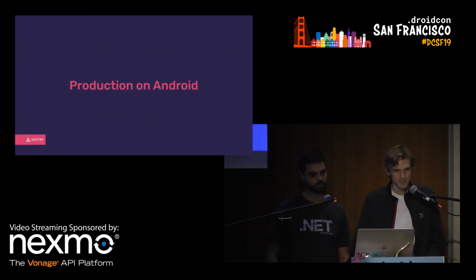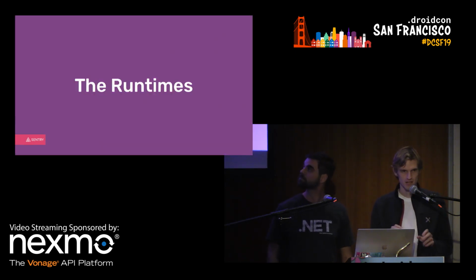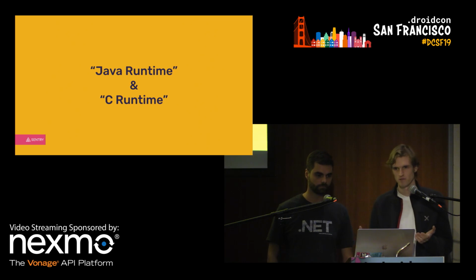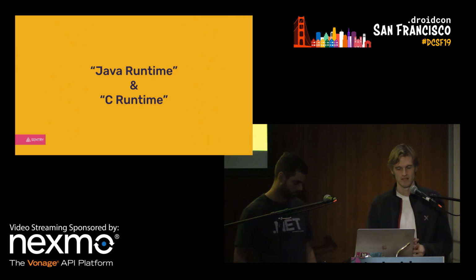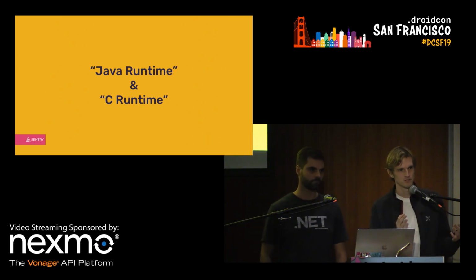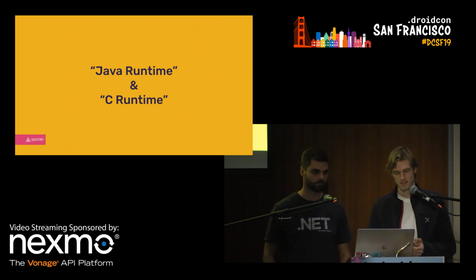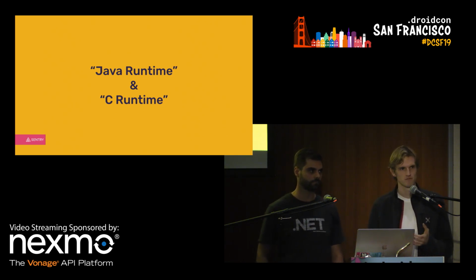So let's talk a little bit about what production builds look like on Android. You have two runtimes to work with. One of which is the Java runtime, or more appropriately the Android runtime, and that's responsible for running Java code, Kotlin code, a bunch of stuff like that. And then you have the C runtime, which a lot of people say is not even a runtime, it's just a bunch of low-level support stuff like memory allocations.